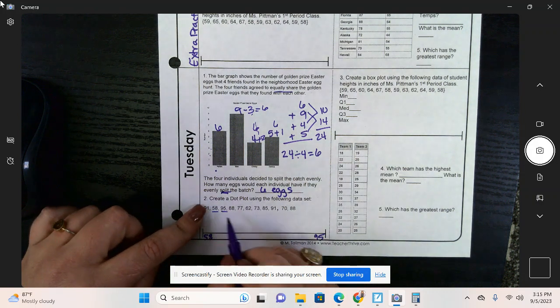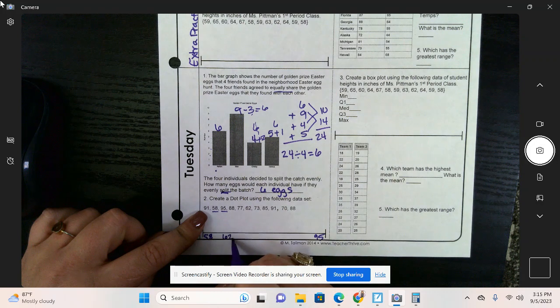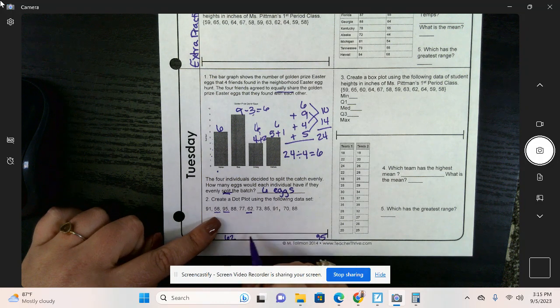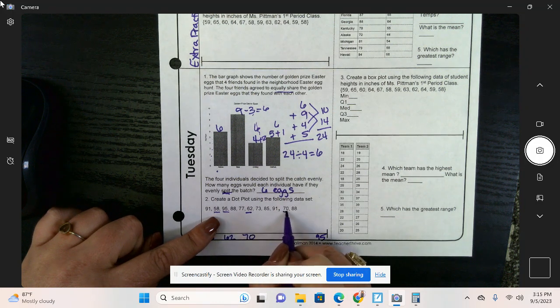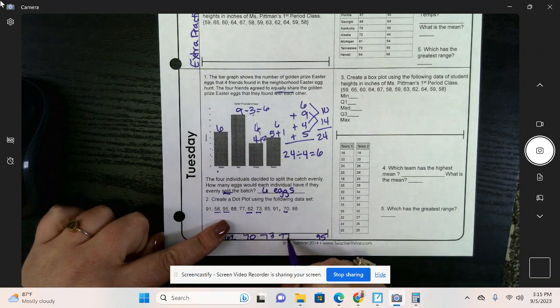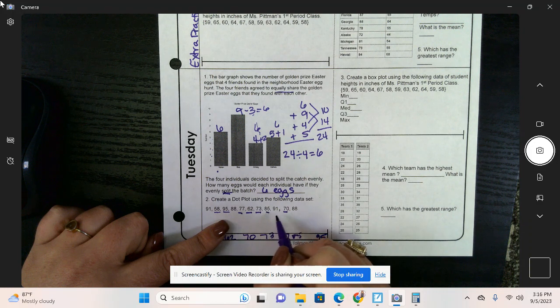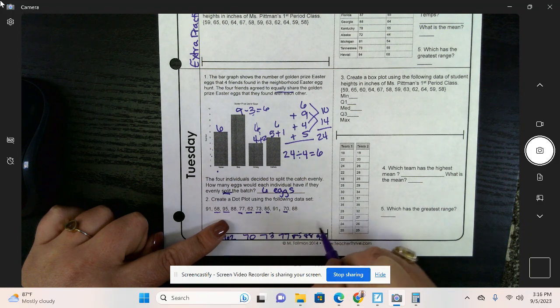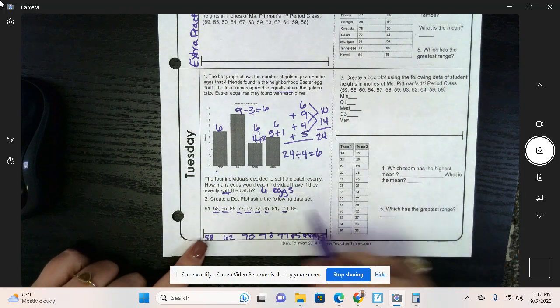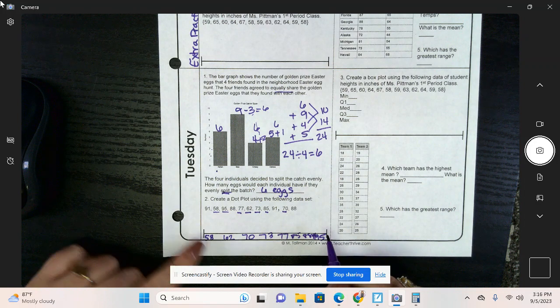So from 58, I have 62, and then from 62, I have 70, and then I have 73, 77, I have, looks like 85, 88, and 91. My numbers are kind of shrunk in there. Sorry, guys. It's kind of messy. So I'm going to go back and put a dot over each one. So I have a 91.